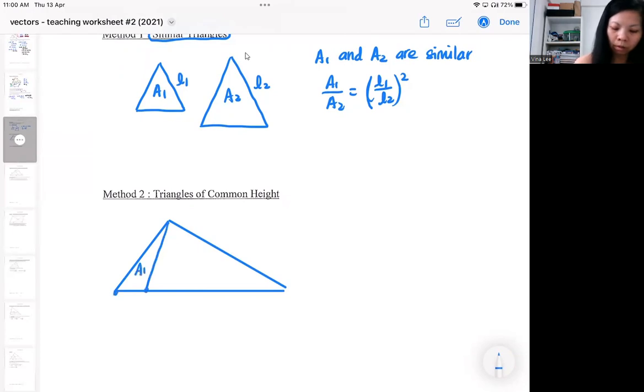This is A1 and this is A2. Obviously these two triangles are not similar. They don't share any angle. They've got no same angle.